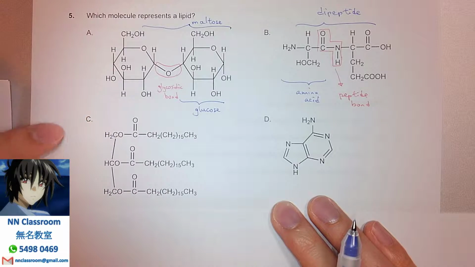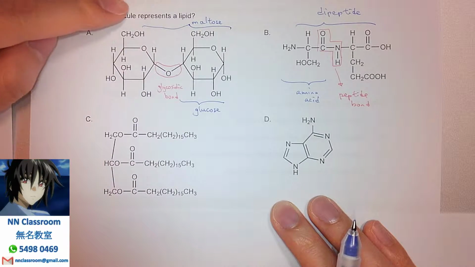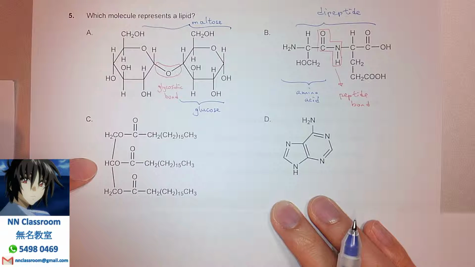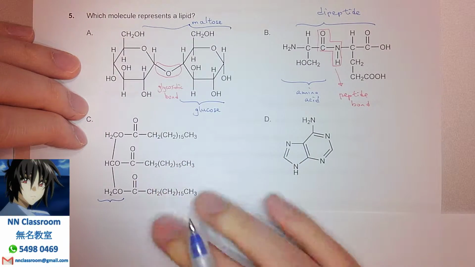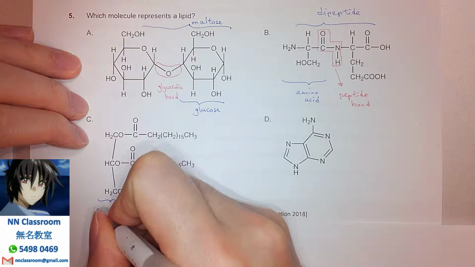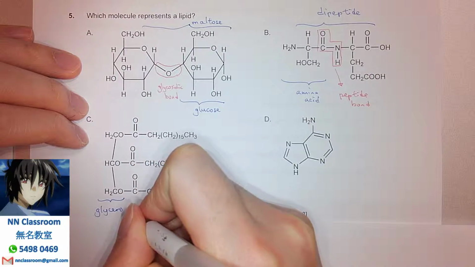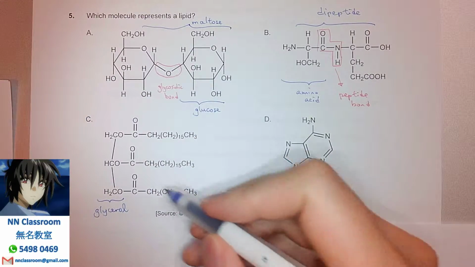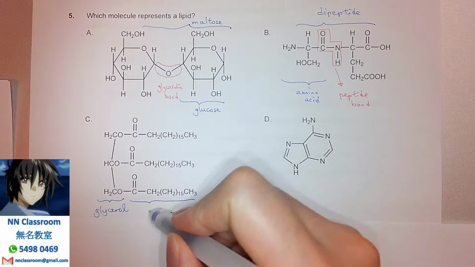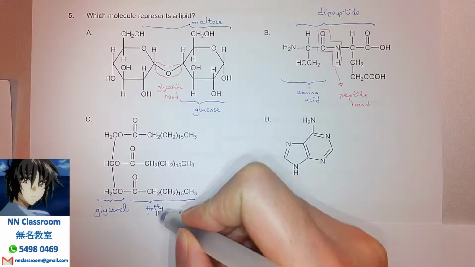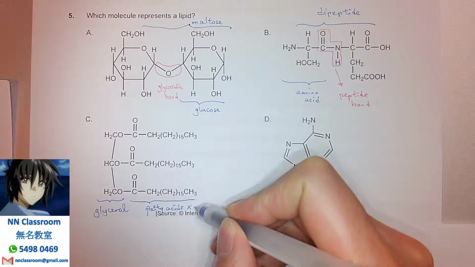So finally for C, as mentioned, C is the correct choice because C is a classic lipid molecule linked by two major monomers, right? The first major monomer is the left side, this one. We call it a glycerol. A glycerol linked to 1, 2, 3 fatty acids, times 3.